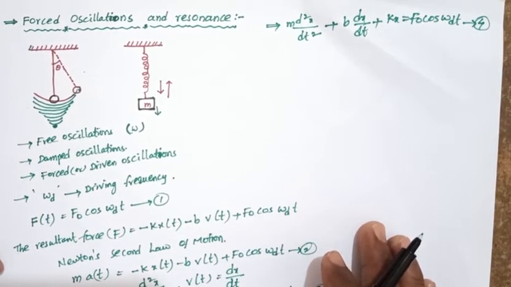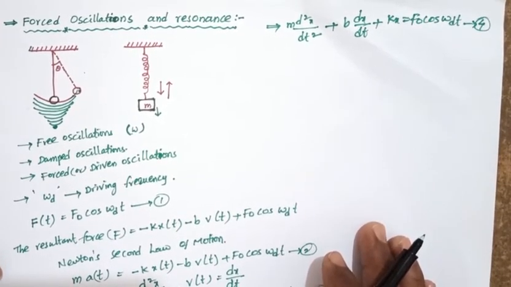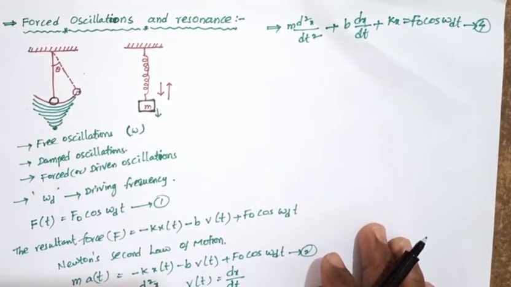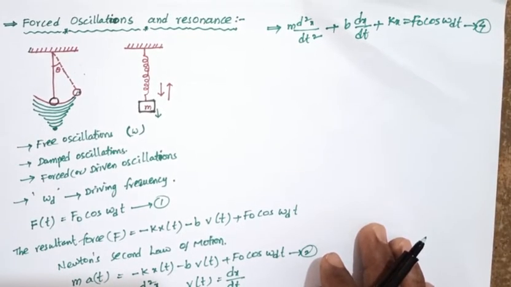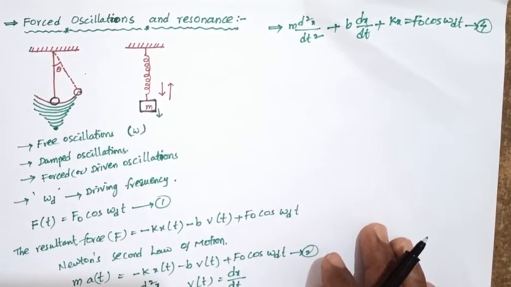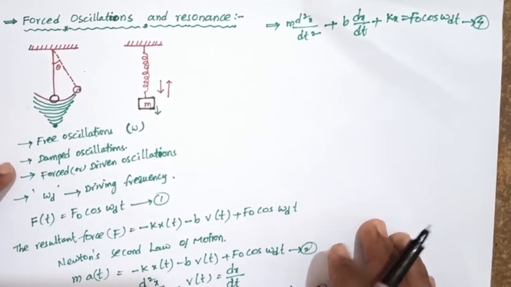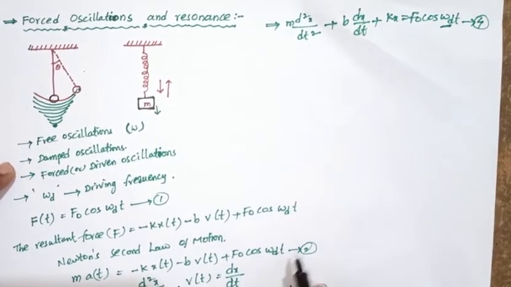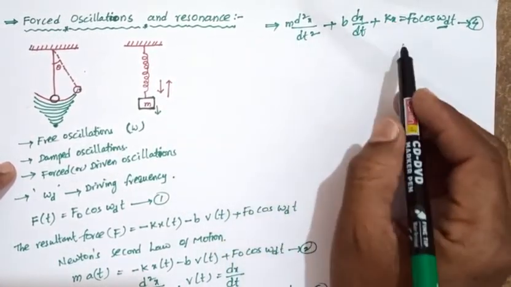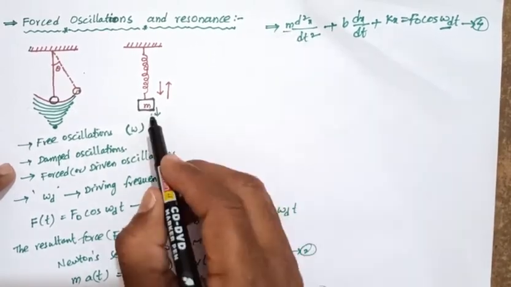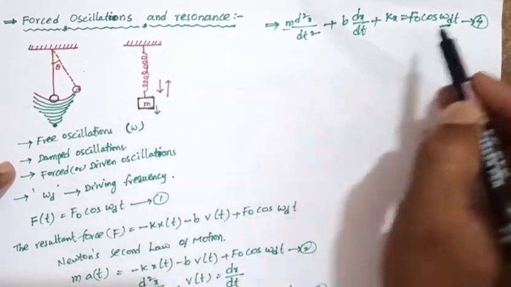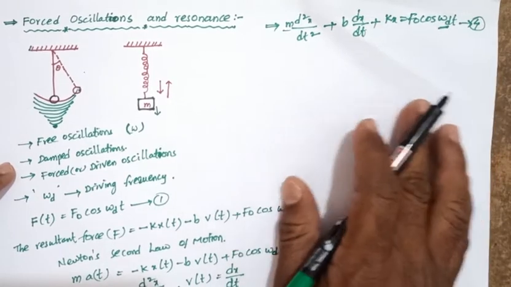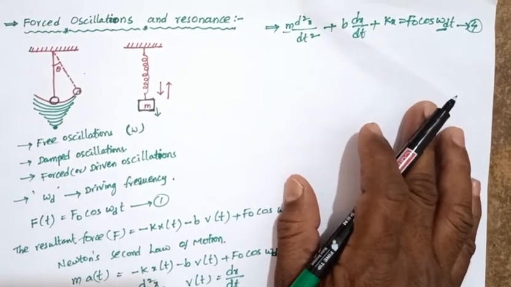Equation number 4 describes an oscillator of mass m on which a periodic force of frequency omega d is applied. So it varies as a periodic force. The mass is a block, and omega d is the angular frequency, that is, the driving frequency.